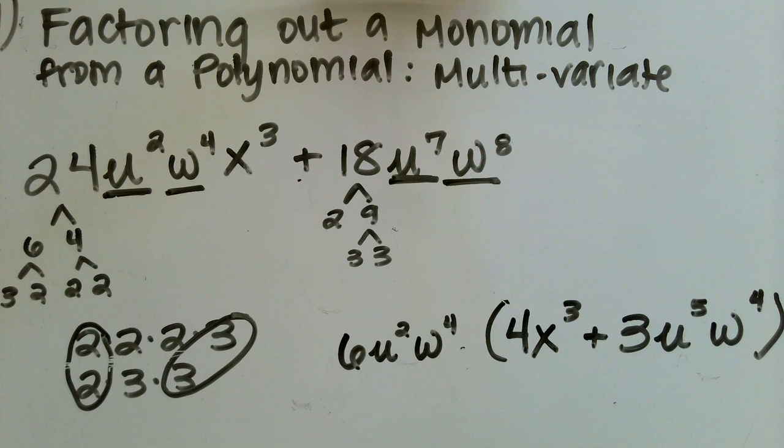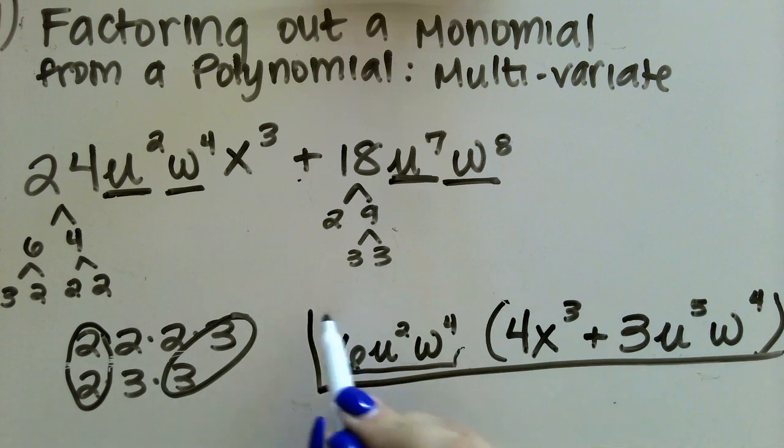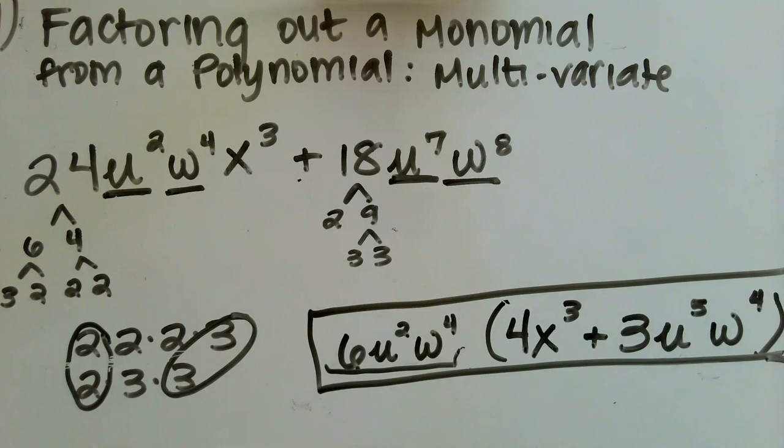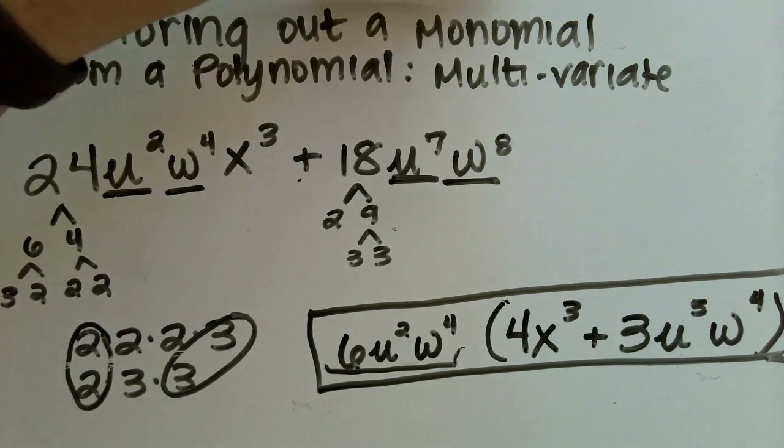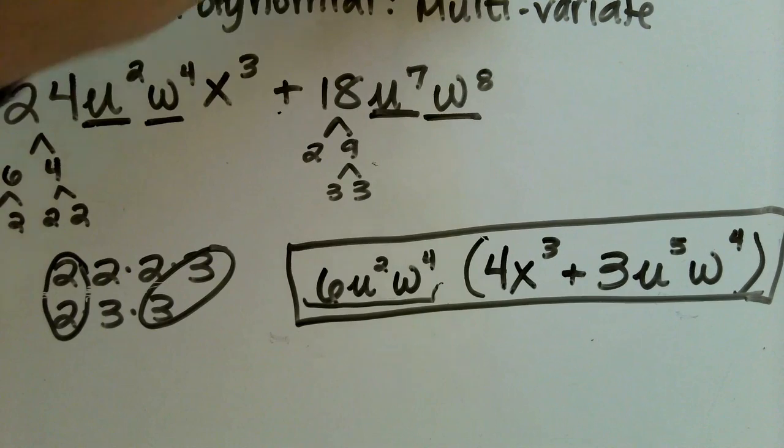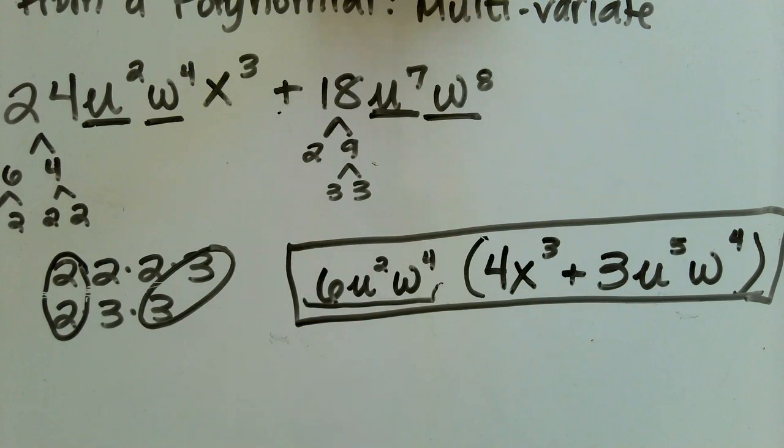So in summary, we factored out the greatest common factor, and we can prove that we are correct by distributing that greatest common factor back into our remainder. Let's prove it to ourselves.